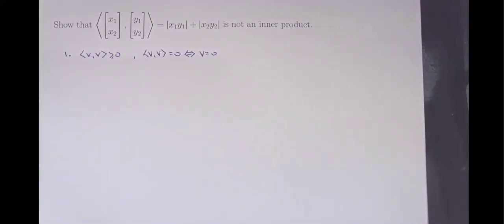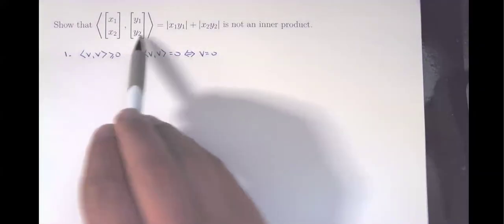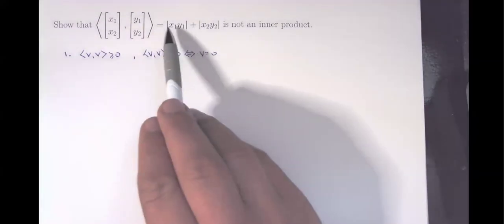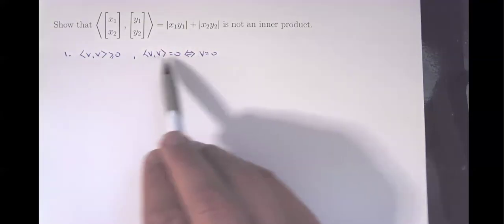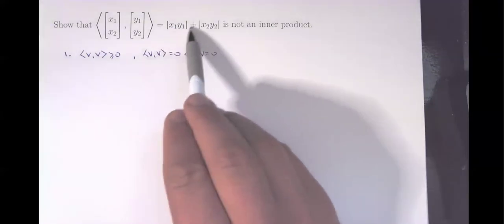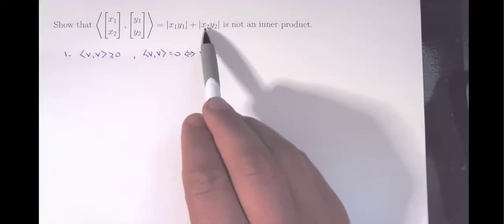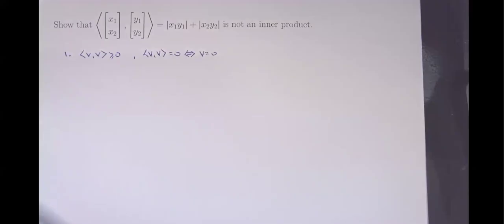And if x1 and y1 are the same, this is either 0 or it's greater than 0. And if these two are the same, this is either 0 or greater than 0. And the only way that this inner product is 0 is if this and this are both 0, which means x1 is 0 and x2 is 0. So this first property is satisfied.